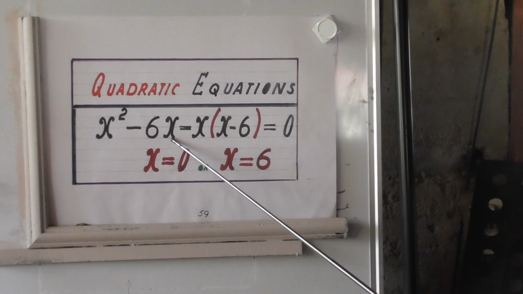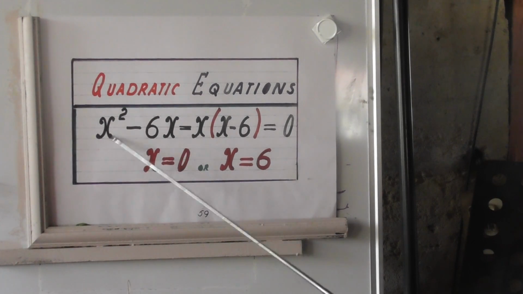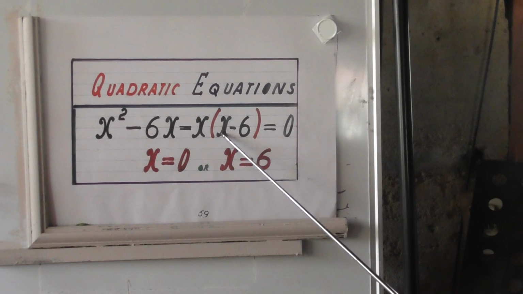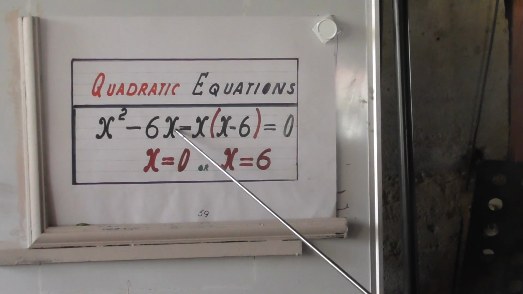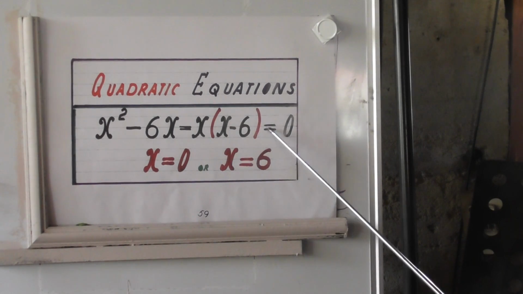We have the x outside, so all you have to do is negative 6. Take the x out of it, the x goes outside. There's still an x left, and only the negative 6 because the x is here. Okay, x times x negative 6 is naught.